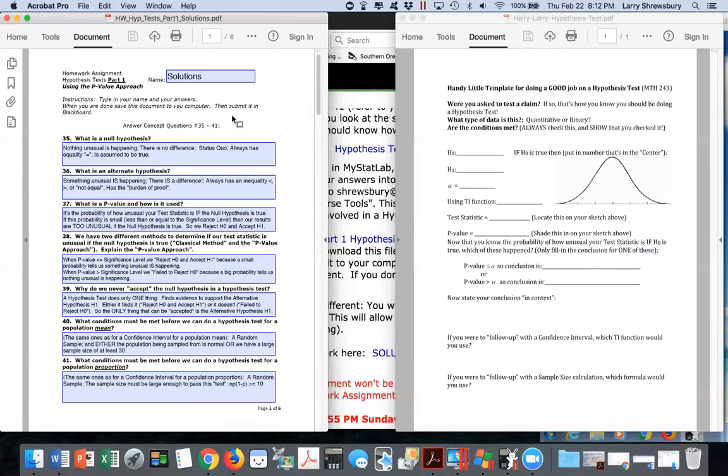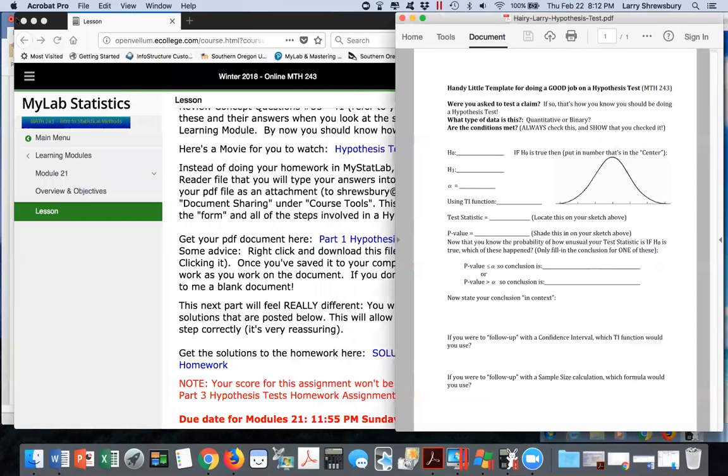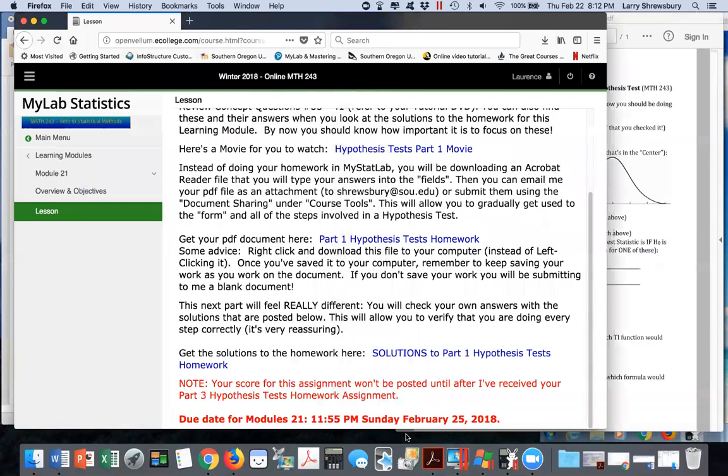All right? So for hypothesis test part 1 and part 2, you'll be able to check your answers. But with part 3, you don't. You won't have the solutions posted. And so what I do, and I mentioned this right here, is I won't grade all 3 of those until after you've submitted hypothesis test part 3, the one you don't have the answers to. And then I'll grade and record all 3.